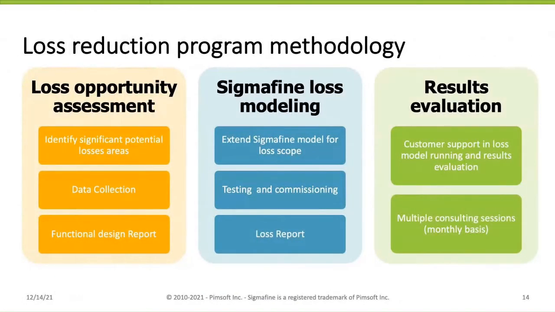If you want to start a loss reduction program, these are the suggested steps to be implemented, considering that this is an iterative process for continuous improvement. So you don't do it once and for all, but you need to make it become a practice in your facility.